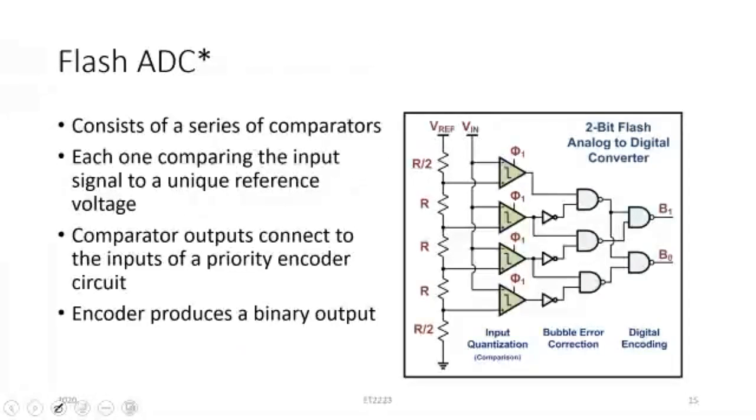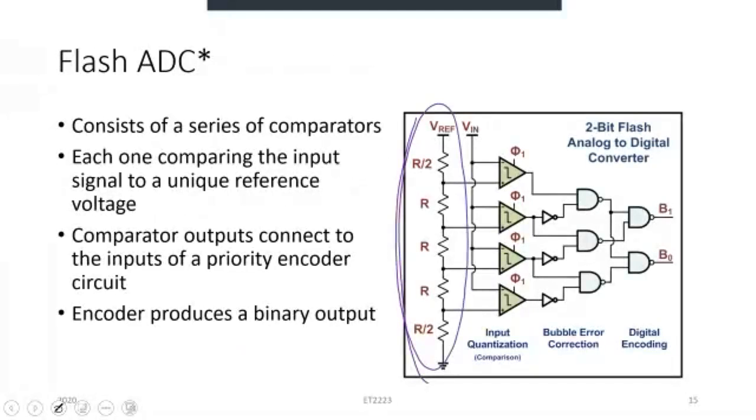The basic idea behind flash ADC is based on a voltage divider. So you have a voltage divider that is going to divide the range of voltages and function as the quantization aspect of it. So the reference values will be given through this.